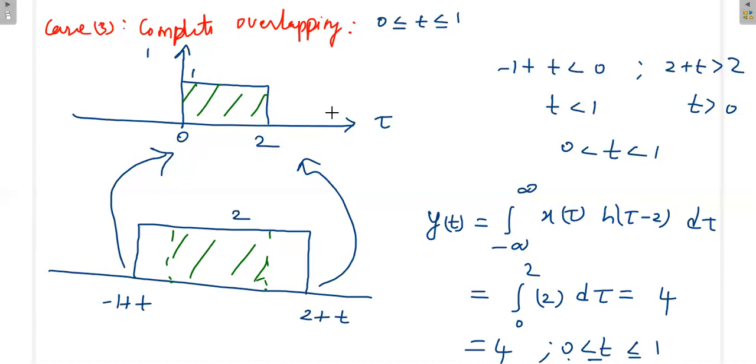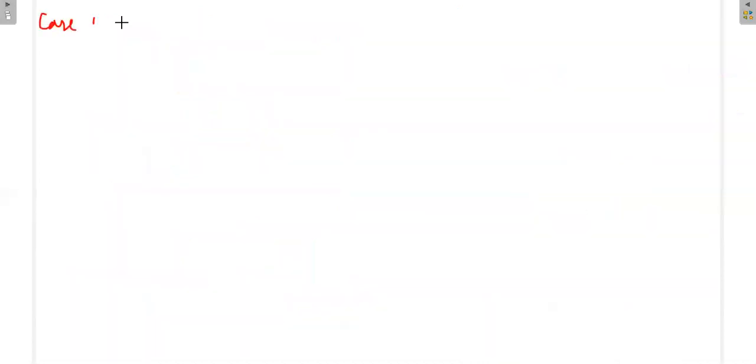Next, case 4, partial overlapping again.